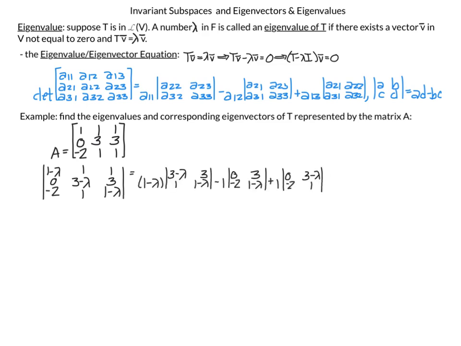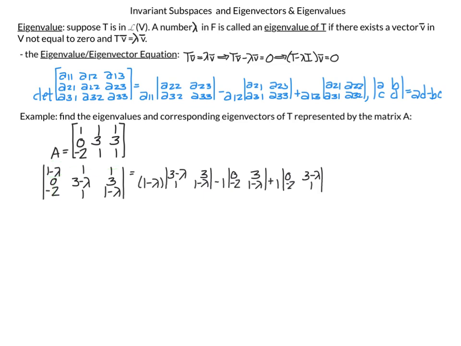I start by expanding across the top row. I have my first element, 1 minus lambda. I cross out the rest of the row and column that this element 1 minus lambda is in, the same row, same column. And I'm left with this matrix here, 3 minus lambda, 1, and then the next column, 3, 1 minus lambda.